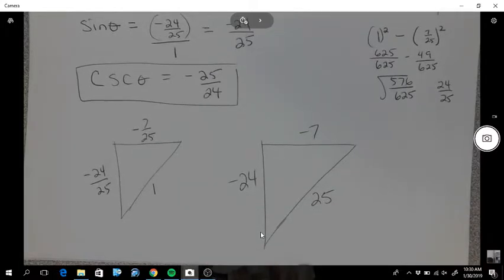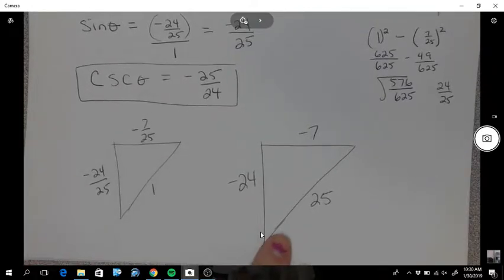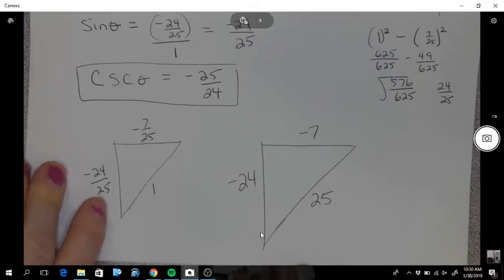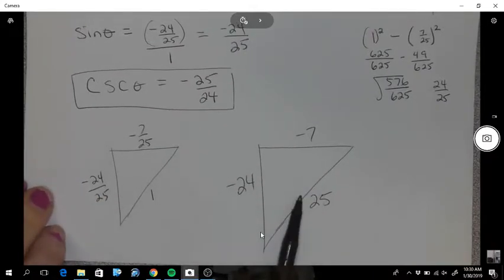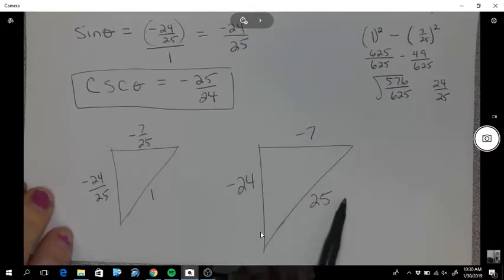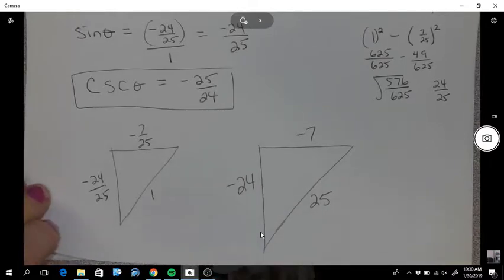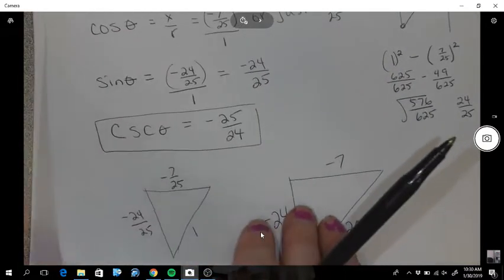It's just a proportional triangle. Okay? So we could do our math using these as our x, y, and our r numbers instead of using the fractions. Okay, so let's try one that way instead.